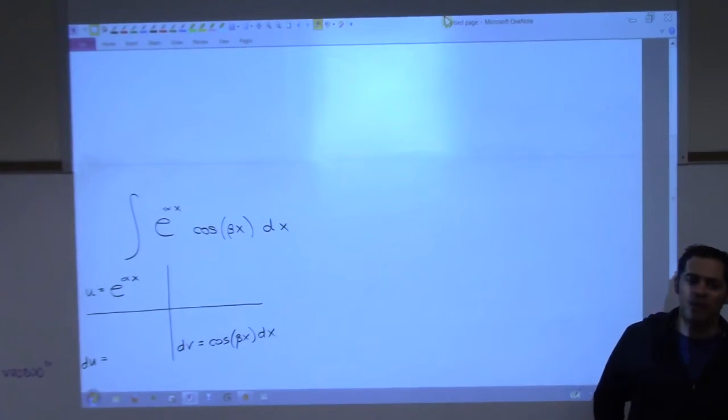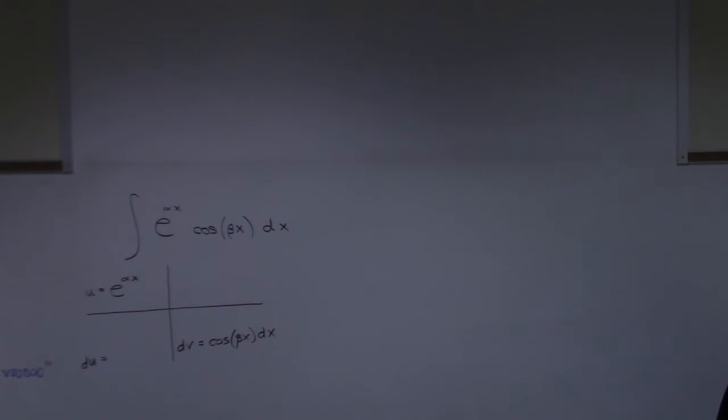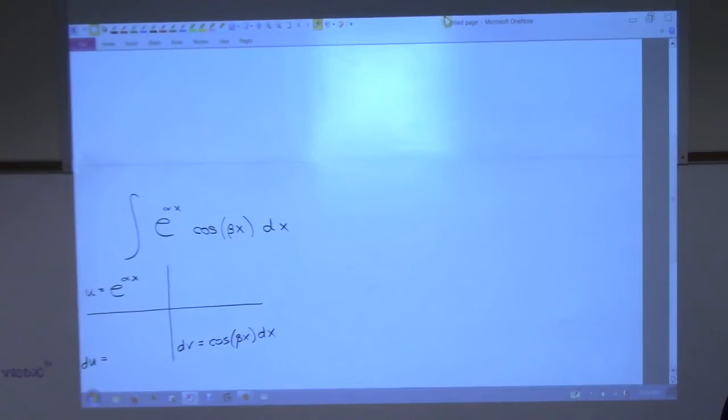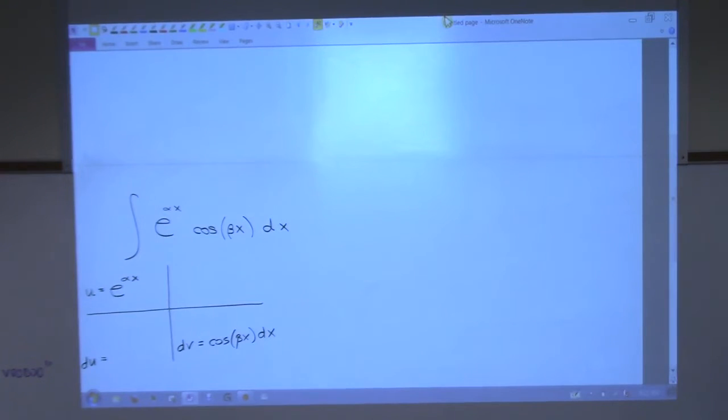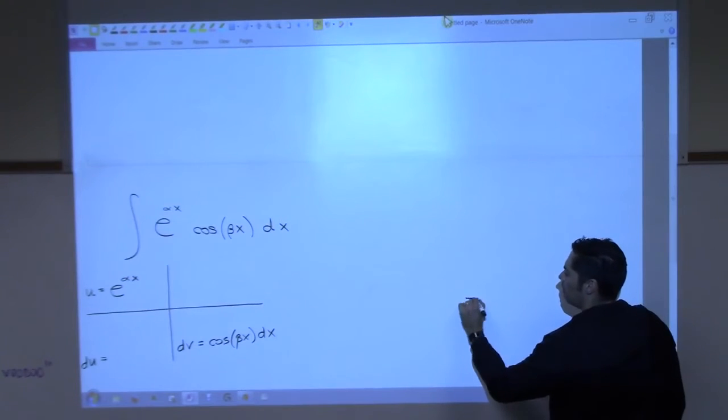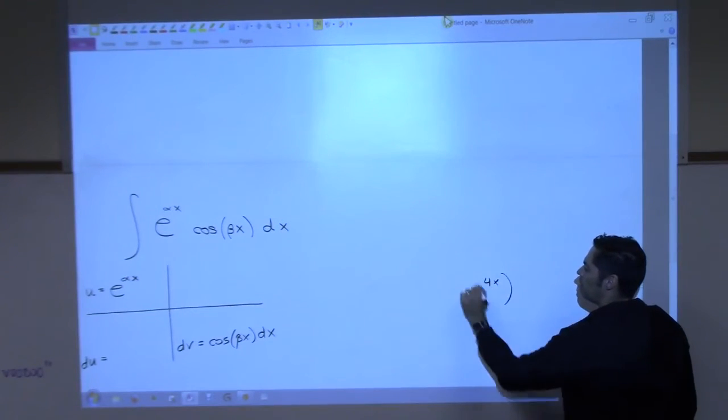Okay, don't forget, what's the derivative of alpha? That's the magic, yeah. What's the derivative of e to the alpha x? It's e to the alpha x, but then you have to take the derivative of alpha x. Alpha is a number, like 4x. If I say, what's the derivative of e to the 4x?